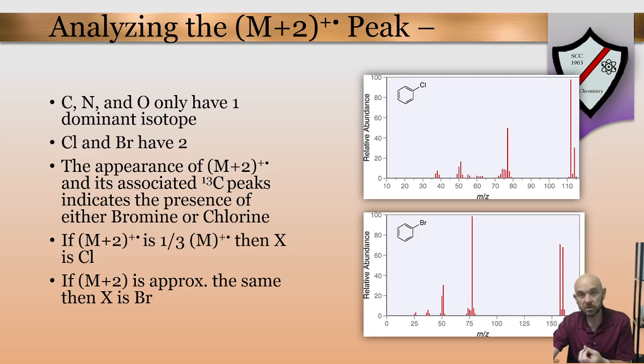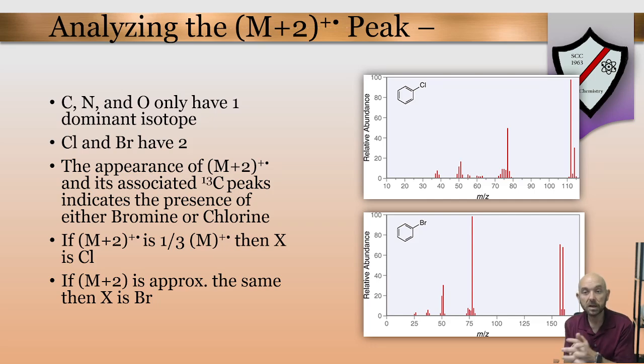Bromine has bromine 79 and bromine 81, and they're almost 50-50. So either one of those is likely to be found in a molecule, and so it results in molecular ion peaks that are much closer to the same size as each other.